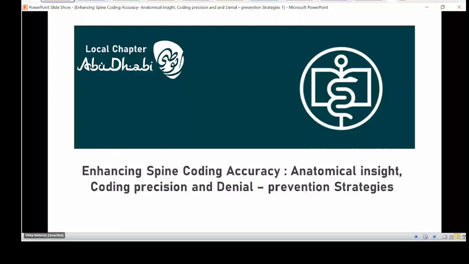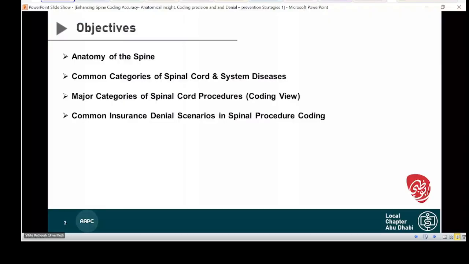Before diving into the session, I would like to give you an overview of the anatomy of the spine, the conditions affecting the spinal cord, and the procedures performed on it. This will give you a clear picture of the spine as a whole.